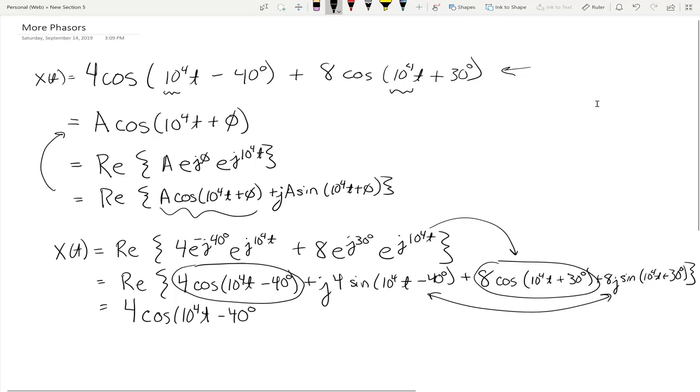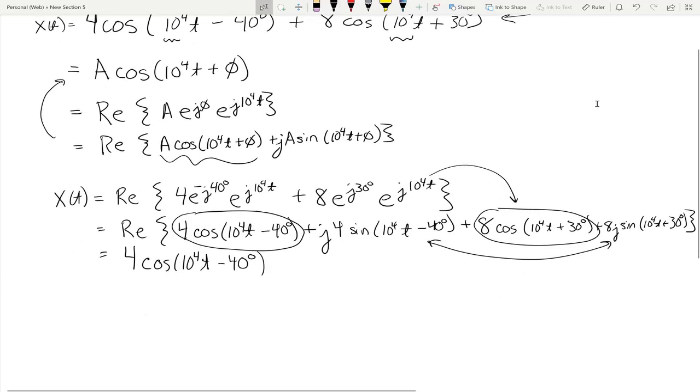Then I say plus 8 cosine (10 to the fourth t plus 30 degrees). In other words, I just wrote down both of the real parts that were inside of the brackets up here, right? So that is the same as what I have at the very beginning, okay?